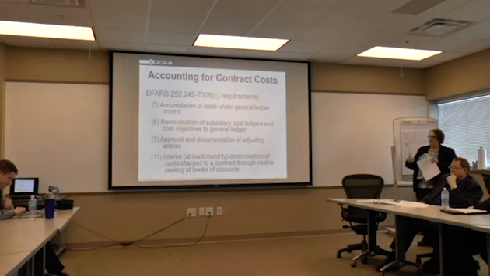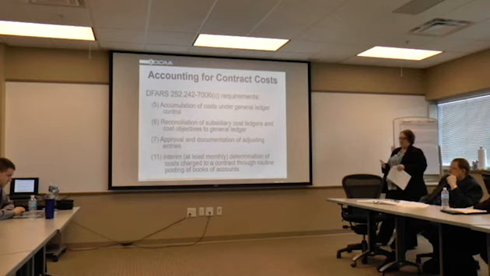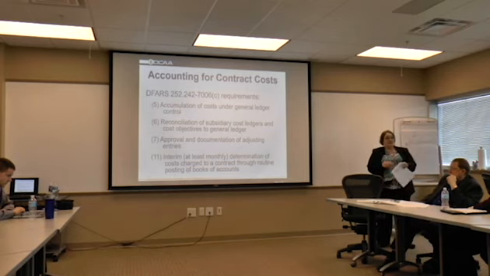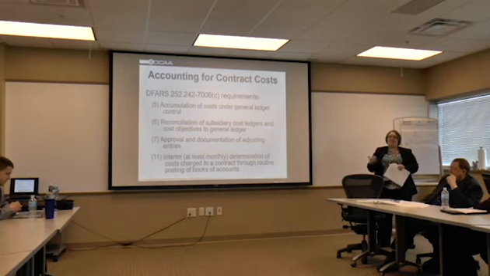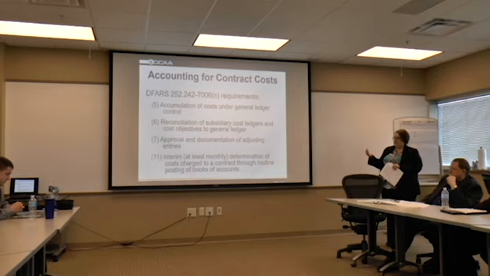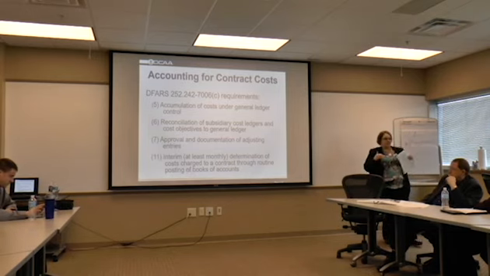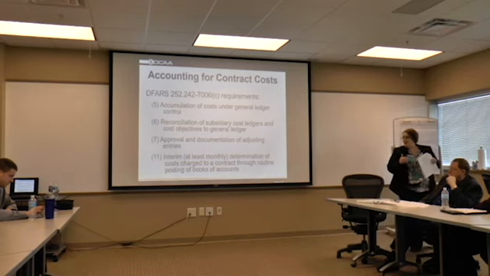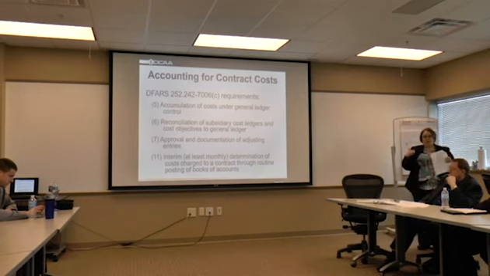Usually that approval is by some type of accounting manager or president, however you set your business up, but there should be that process and that documentation as to why that adjusting journal entry was necessary and why it was made. And then, at least on a monthly basis, you should be recording your cost, looking at those costs, and posting to the books.